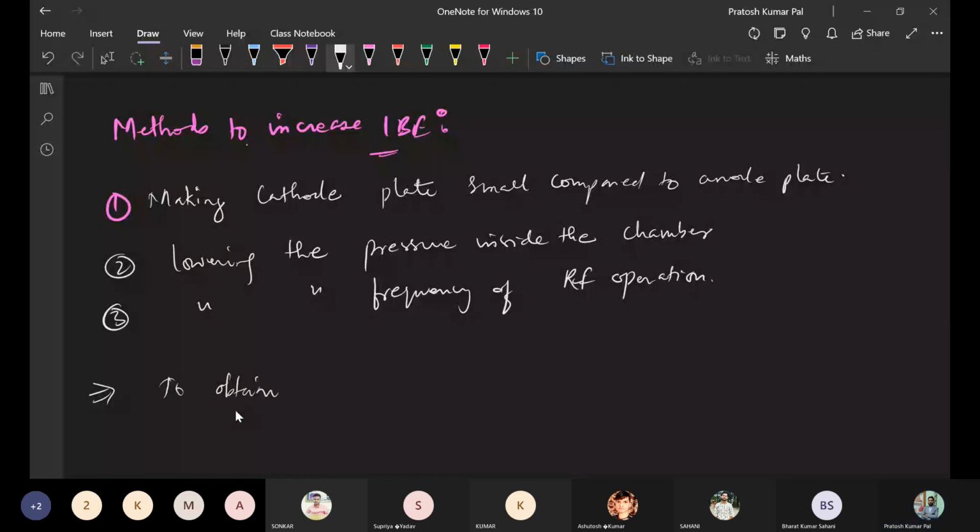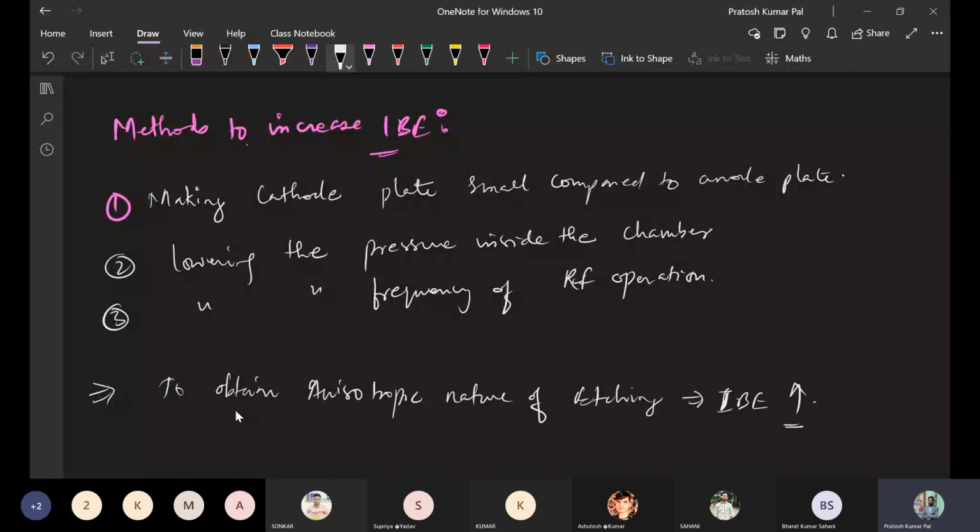To obtain an anisotropic nature of etching, the ion bombardment energy should be high. That's why we are focusing on it, and to have an anisotropic nature of etching, we require high ion bombardment energy.